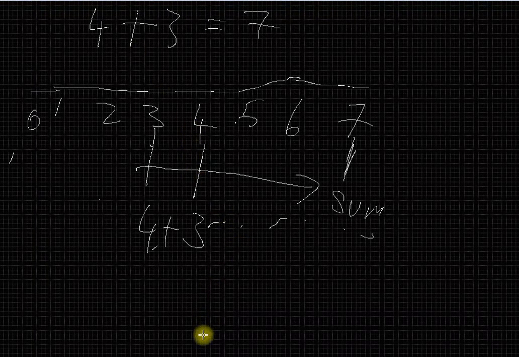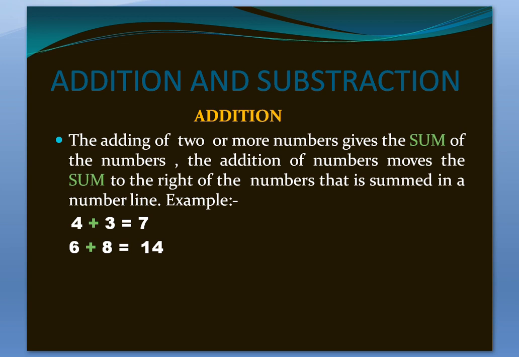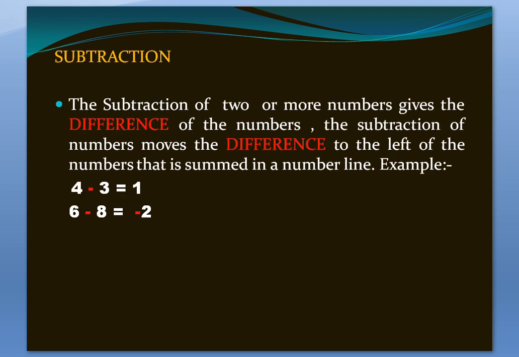Now let's move to subtraction. Subtraction of two or more numbers gives you the difference. So the subtraction of two or more numbers gives you the difference of the numbers.